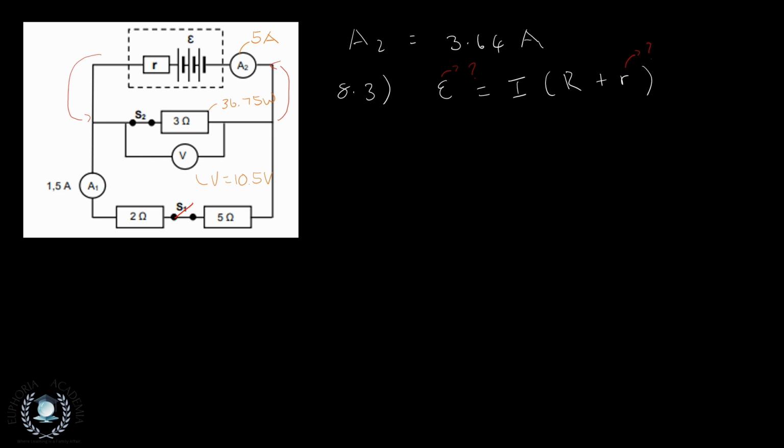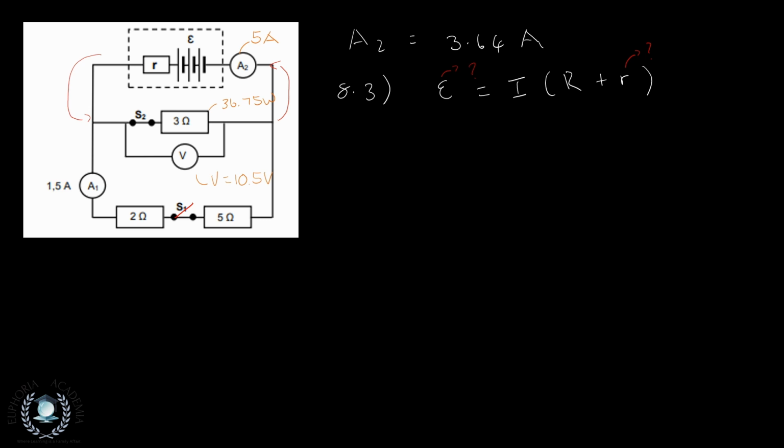So in maths, if you have two unknowns, something should be ringing in your head: we need to do simultaneous equations. But we need to set up two equations right now. So how do we do that? Let us find out.